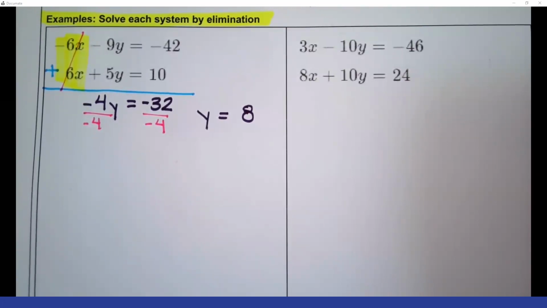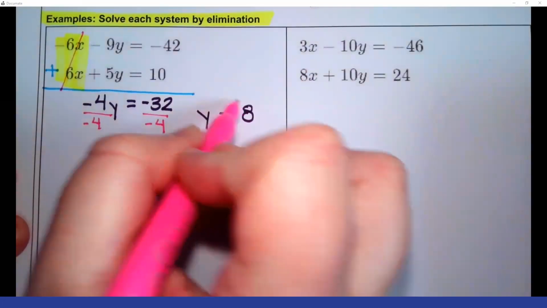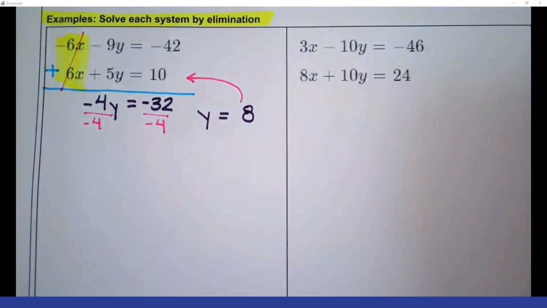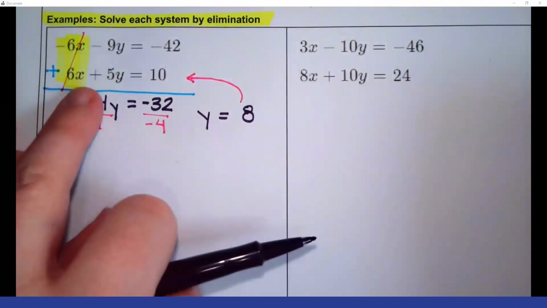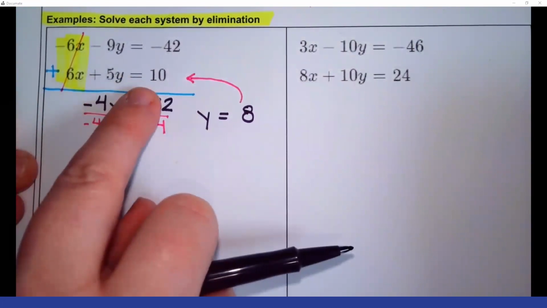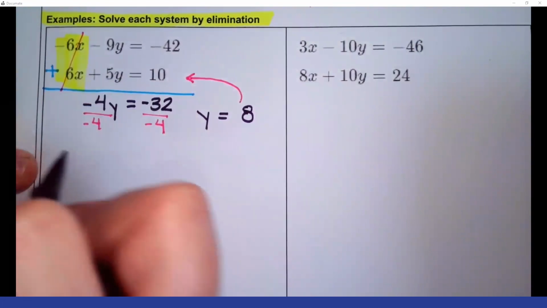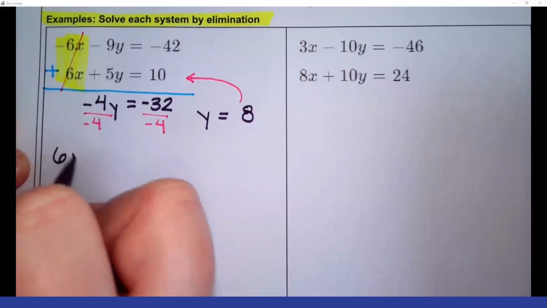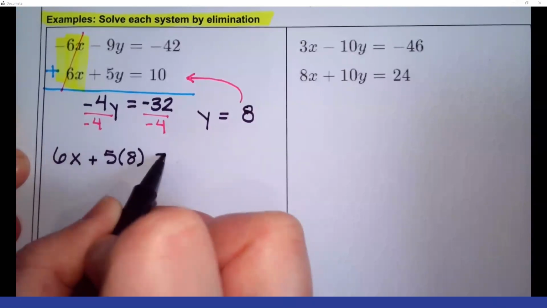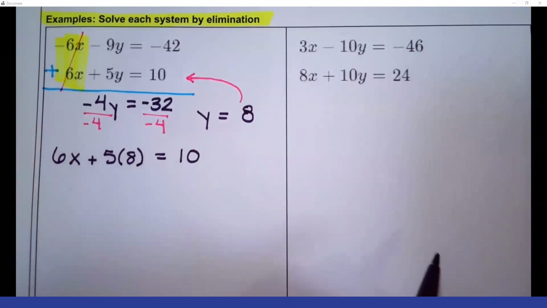So I'm going to take y equals 8 and plug it into the original bottom equation, 6x plus 5y is equal to 10. So we have 6x plus 5 times 8 is equal to 10.